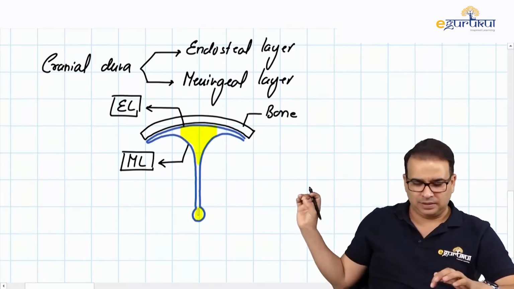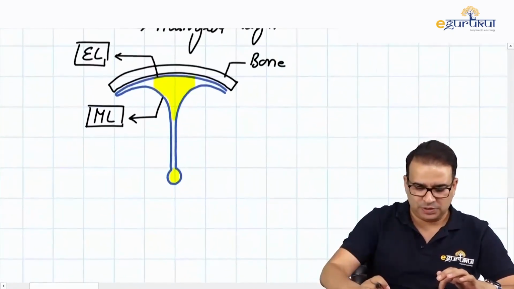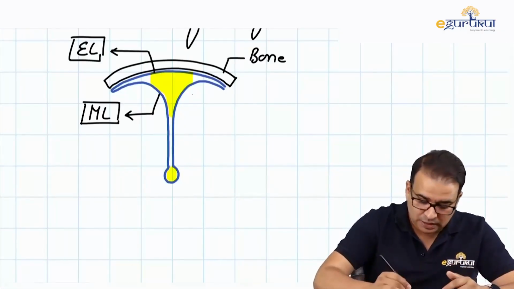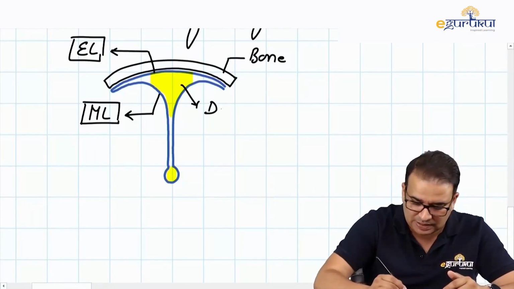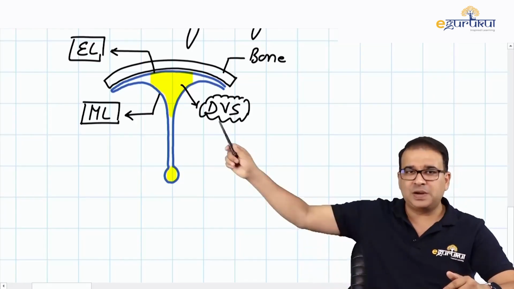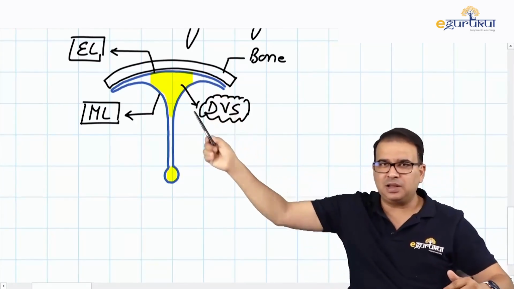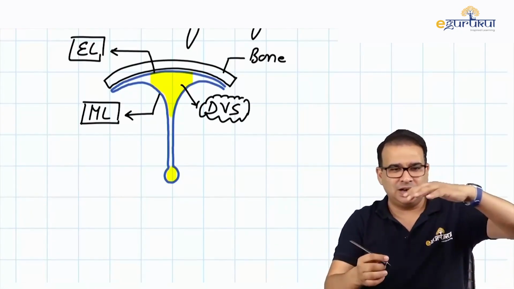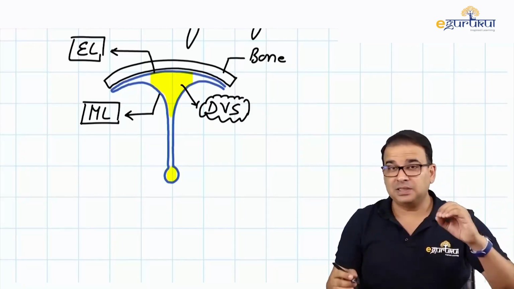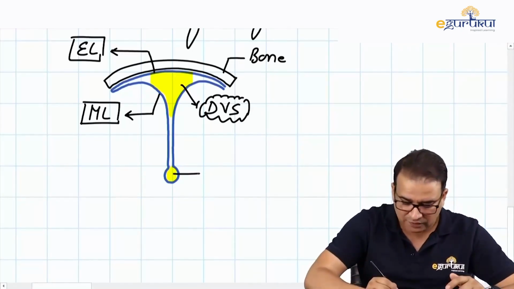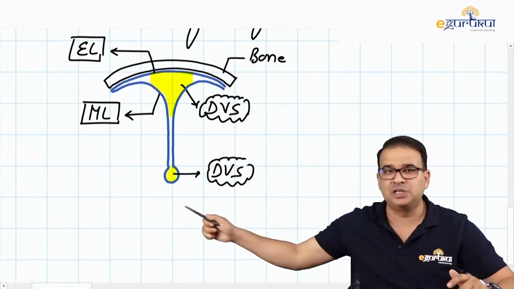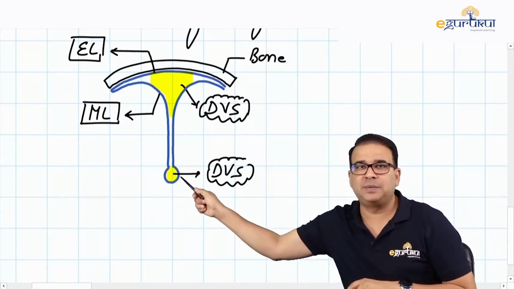Now, the reason I made you draw this picture is so that you understand that dural venous sinuses are also of two types. You're looking at this dural venous sinus, I'm writing DVS, dural venous sinus, which is present between the endosteal and the meningeal layer, and that is the usual scenario: most of the dural venous sinuses are present between the endosteal and the meningeal layer. But it is also possible to have a dural venous sinus present only in the meningeal layer, where the meningeal layer is all around.